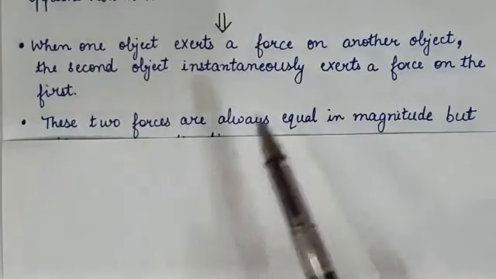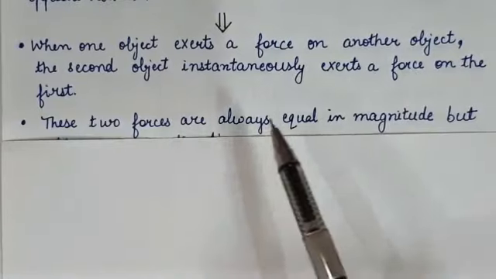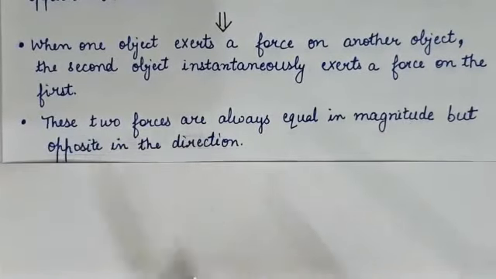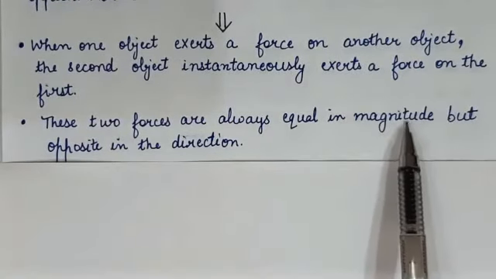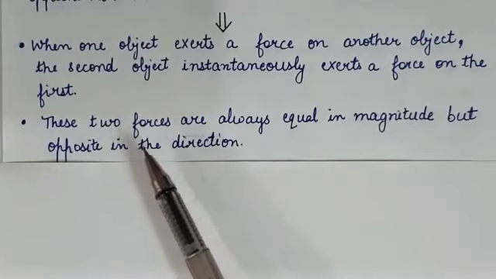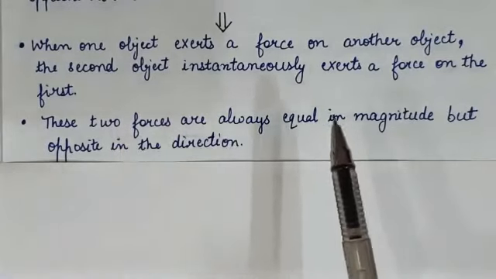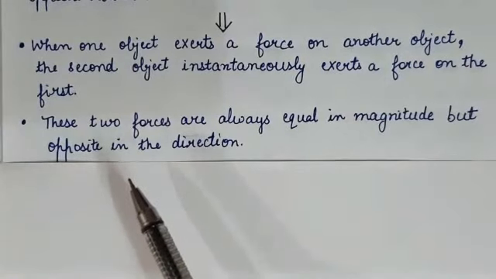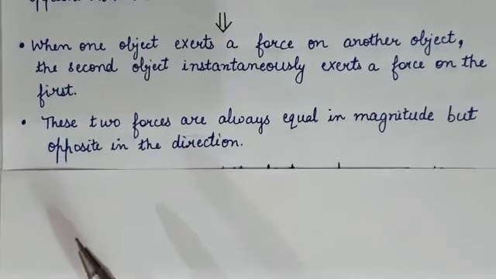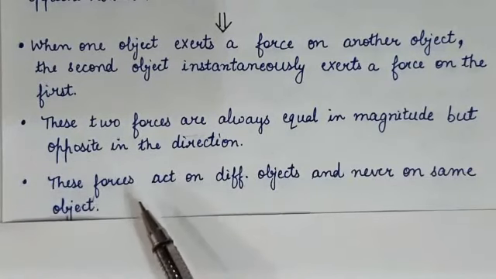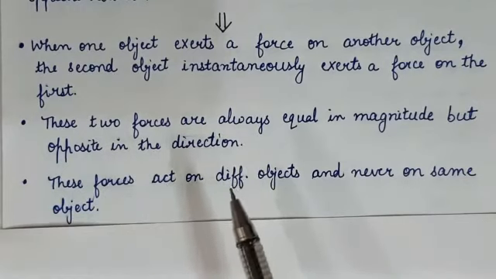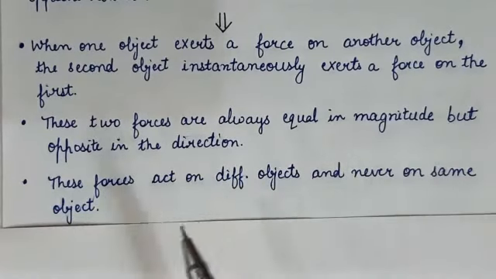These two forces are equal in magnitude but opposite in direction. Equal in magnitude means, suppose the first force is 10 Newton, the second force will also be 10 Newton, but the direction will be opposite. And these forces act on different objects, not on the same object.